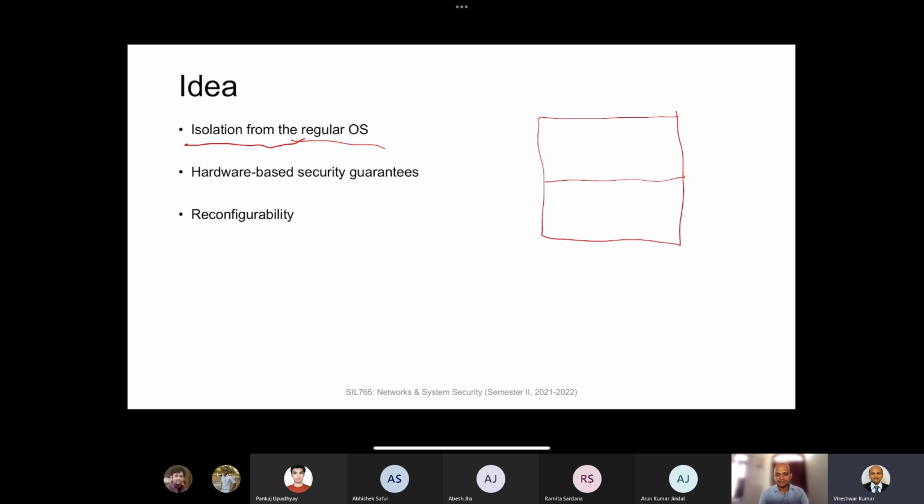We have these two layers, where layer 1 has the regular OS, and this regular OS may have different applications. It may have a memory of its own, it may have a processor. So all the things that a regular OS has. But then the basic idea is that we also have something in the hardware.